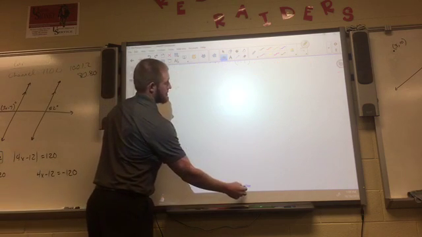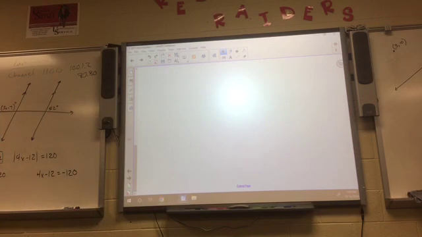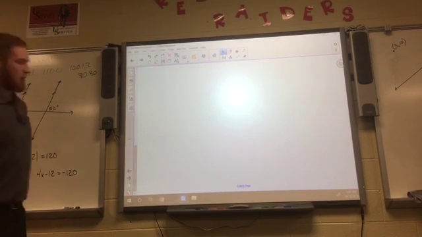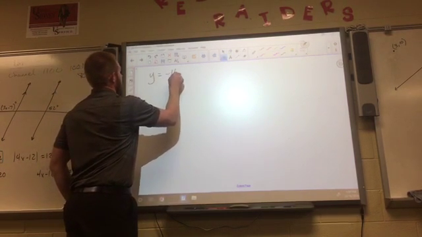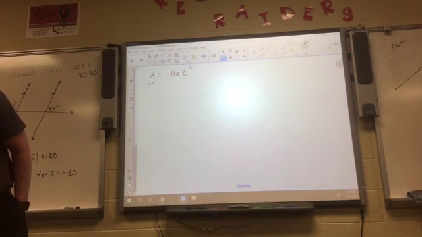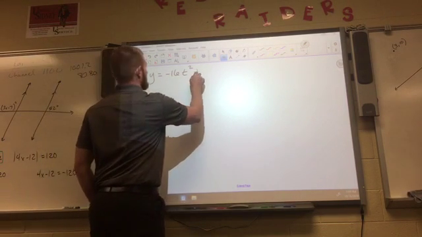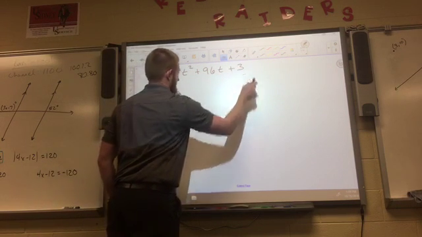Okay, we're looking at example 6. It says the height in feet of a baseball t seconds after it is hit can be modeled by the following function. And then they give us y equals negative 16t squared plus 96t plus 3.